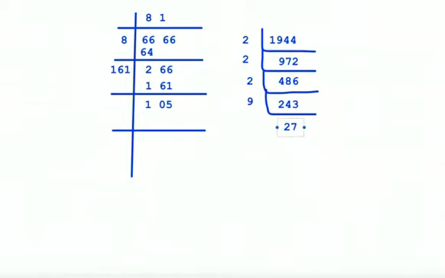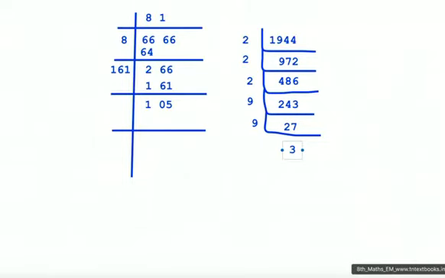Again 9 9s are 27. Oh no, why is it going like that? 9 3s are 27. Okay.